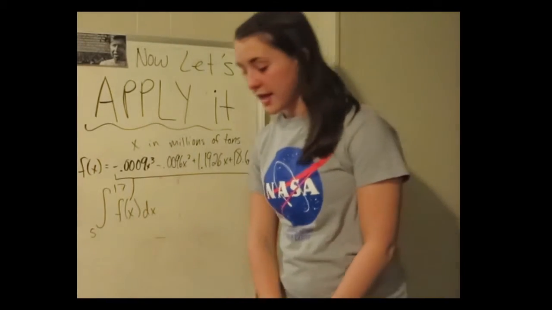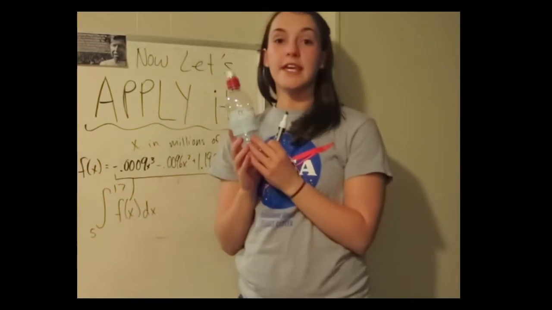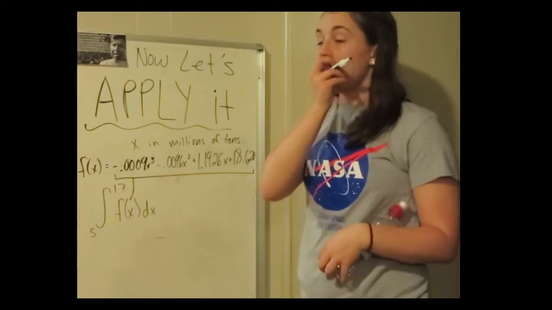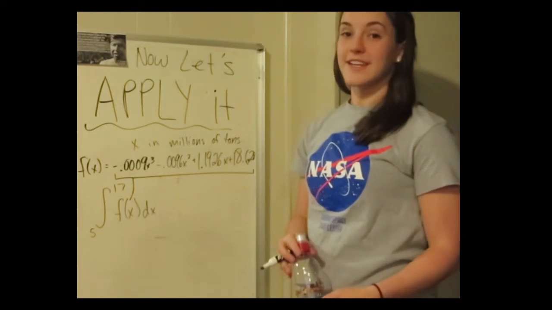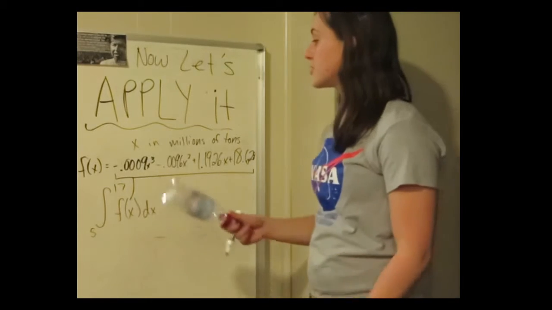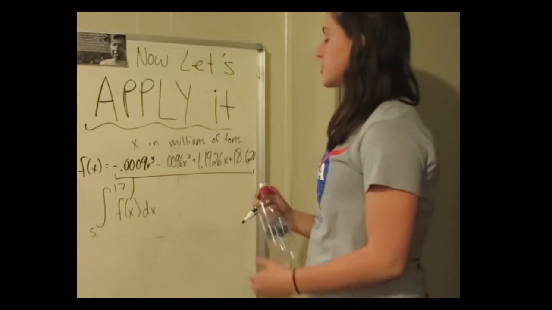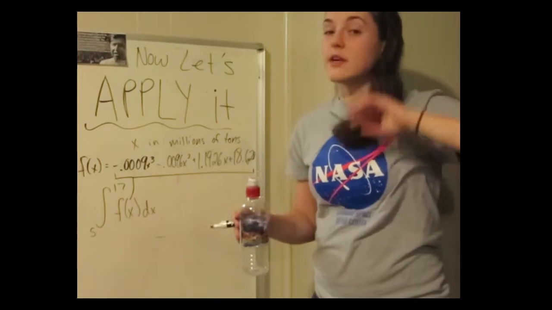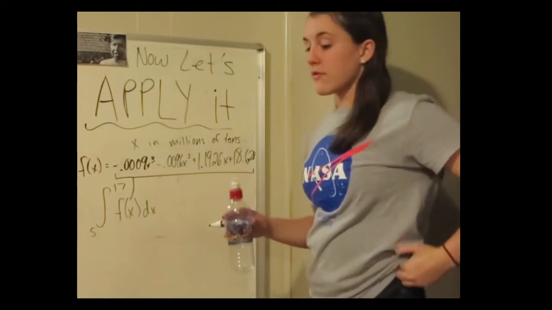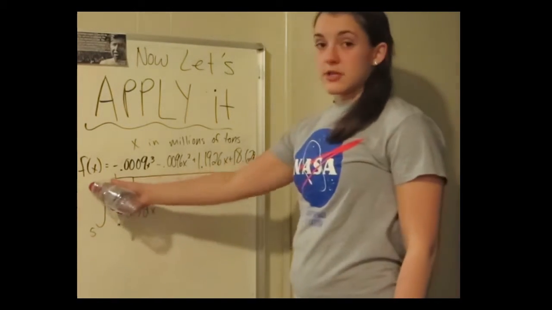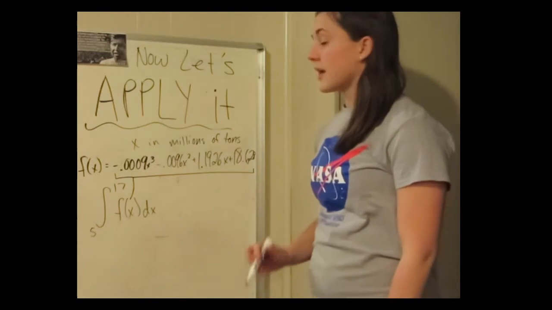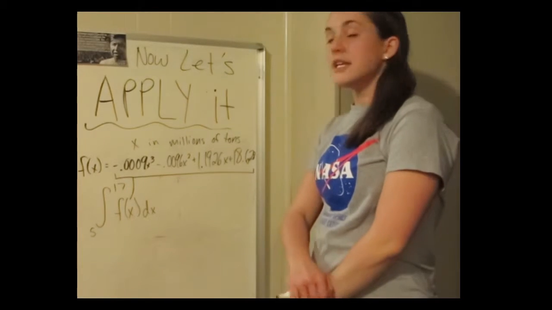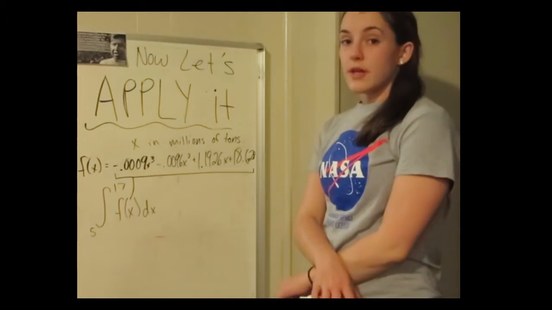Now let's apply it and see how much plastic the U.S. produces. So we are going to use a definite integral to find out how much the U.S. generates in plastic from the years 2000 to 2012, using this function, which I derived from data points that I got off the EPA website from the years 1995 to 2012.